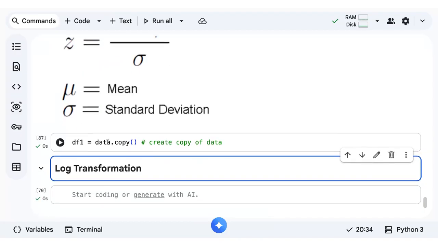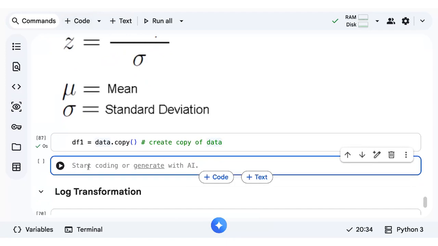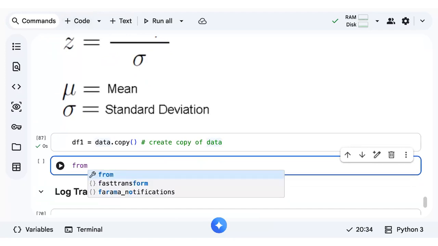Any one approach should be implemented. Just for your knowledge, I'm showing how to implement both.